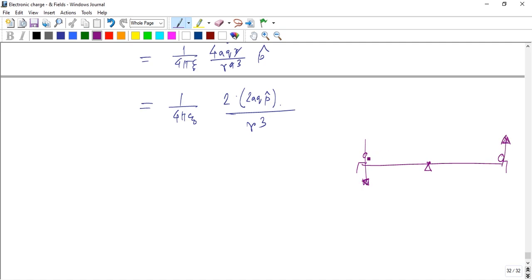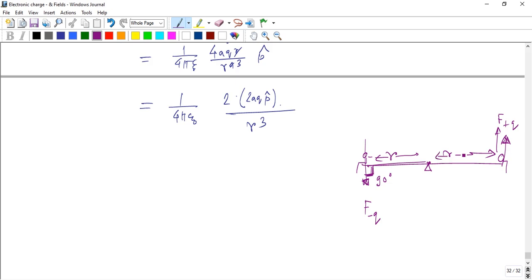So the angle between the displacement vector and force is 90 degrees. If one charge is negative, that is force of minus q, and the other charge is positive, force of plus q. The separation is r, and that distance also is r.